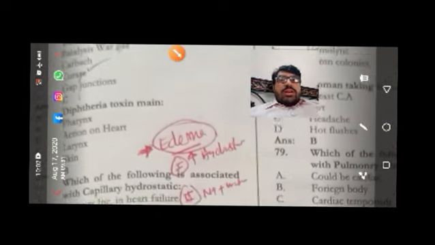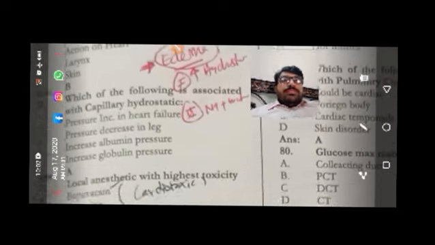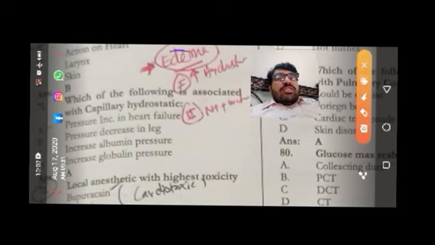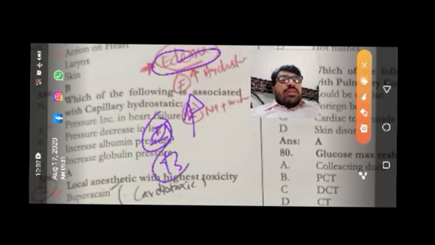Coming next, diphtheria toxin, mainly its action on the heart. Which of the following is associated with the capillary? Now there is another MCQ I am seeing again and again, and a lot of times people are picking the wrong option. A patient is having edema. The main reason for edema is, option A, increased hydrostatic pressure, or option B, sodium and water retention.